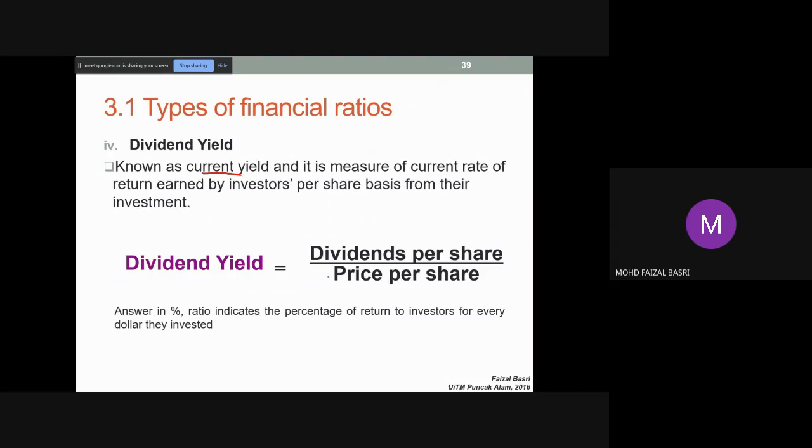Again, this price per share, we cannot see in the income statement or balance sheet. So we need to find it somewhere else. Where to find this information? You can use Bursa Malaysia's information. You can also find it in Yahoo Finance, for example, especially historical prices. The Star Business may have it. Let me check.